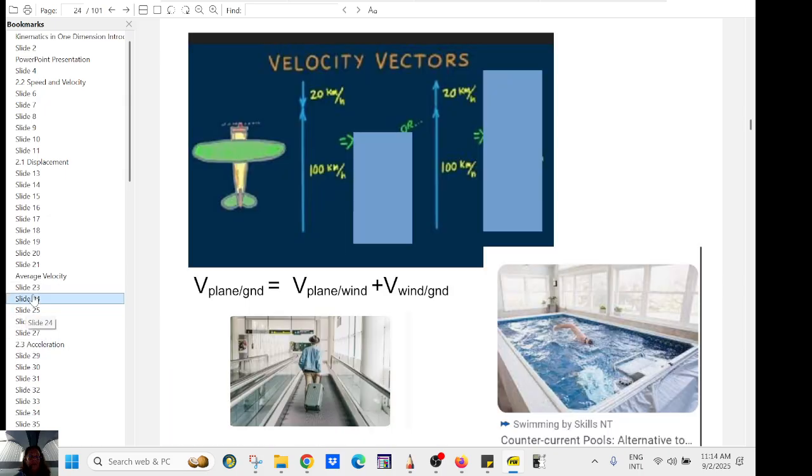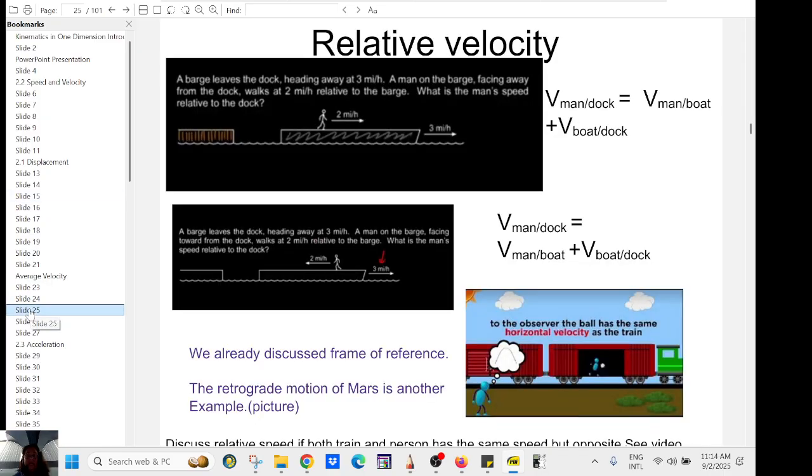So if this one is going 2 and this one is going 3, the relative velocity will be -1. The relative speed will be 1. But we talk about either one will work.